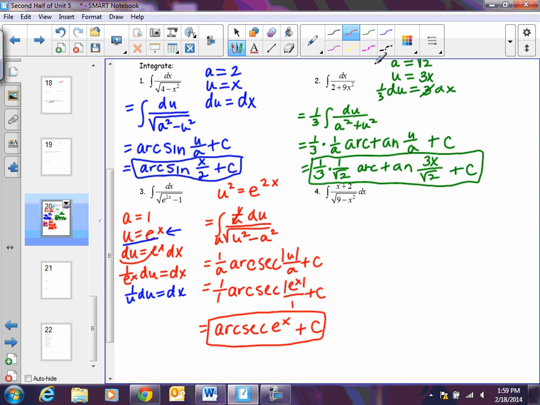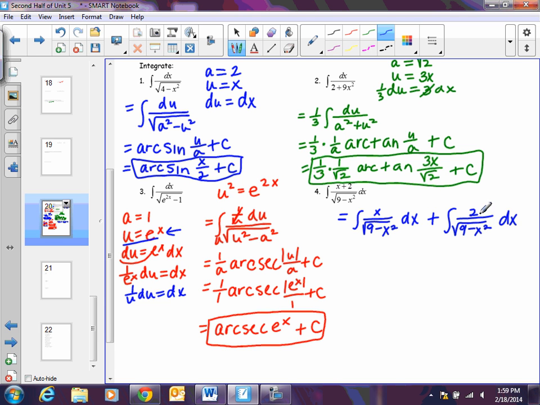Move the x down, make it secant. Well, actually what I'm going to do here is I'm going to break this up into 2 problems.